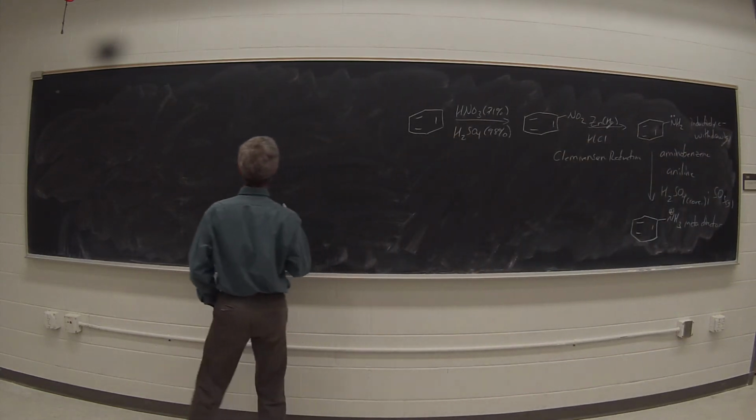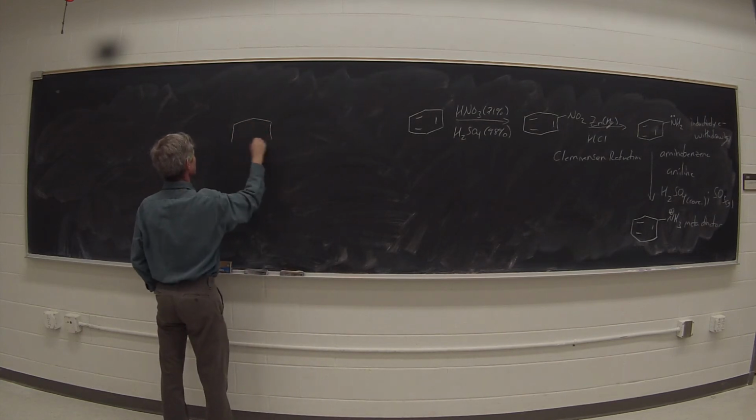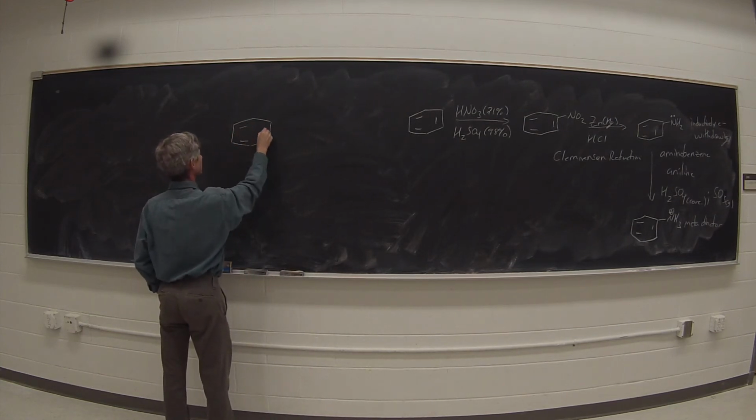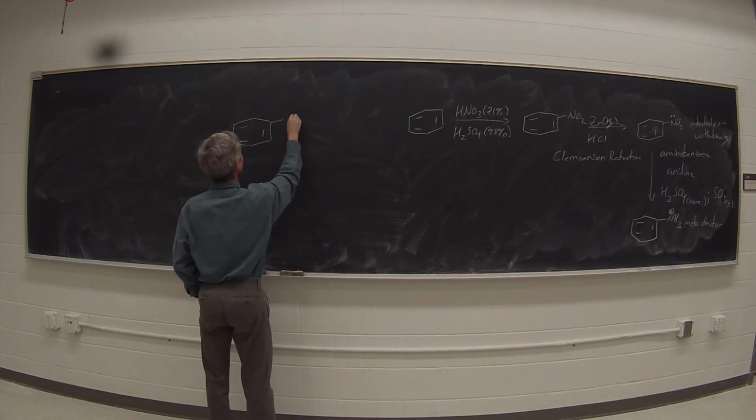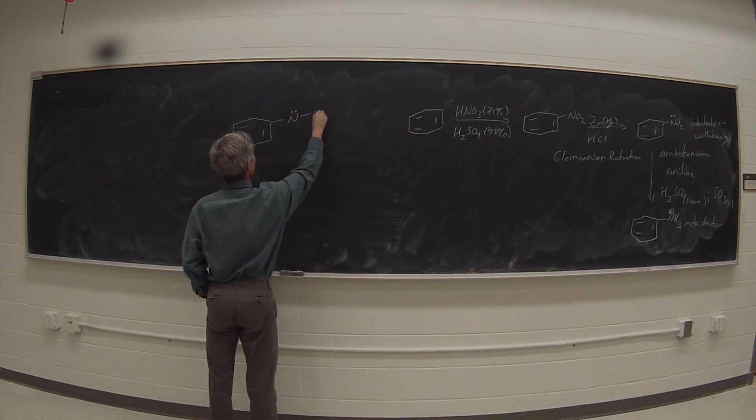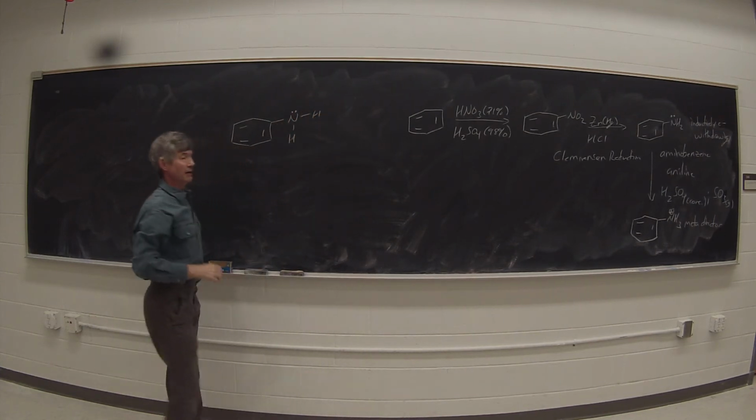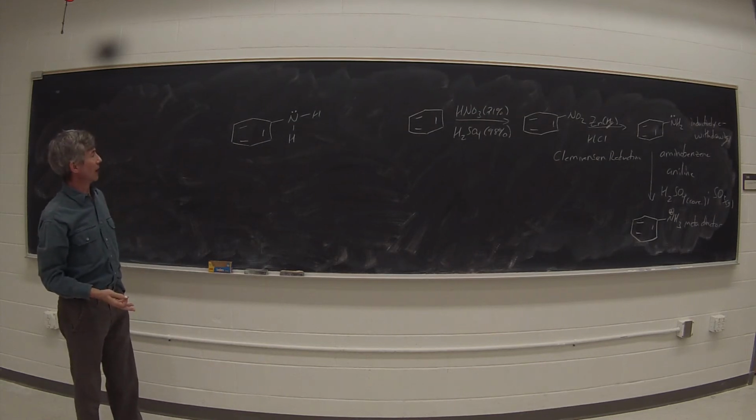And the way to accomplish that is to convert the amine into an amide, because then that lone pair will be stabilized by donation to the adjacent carbonyl group.